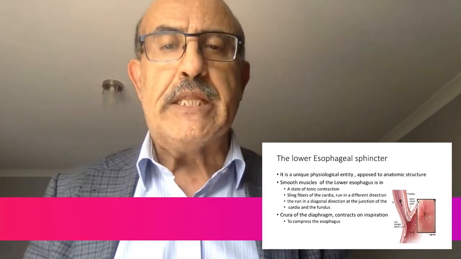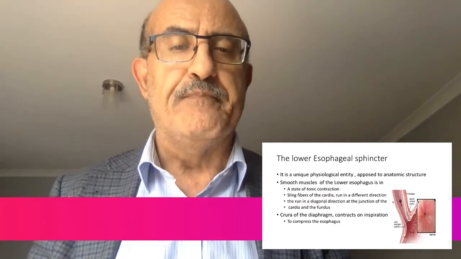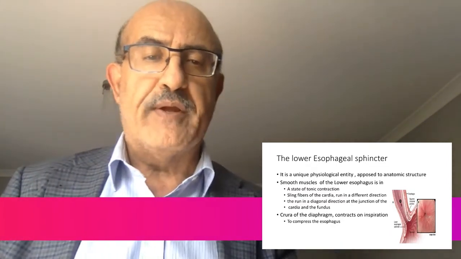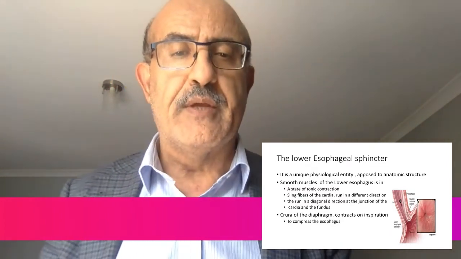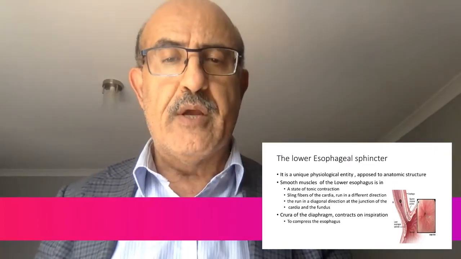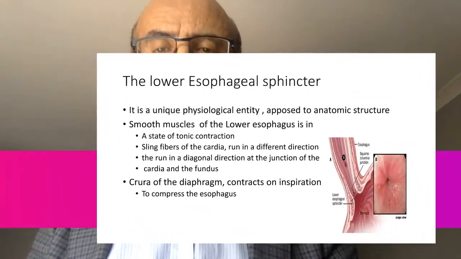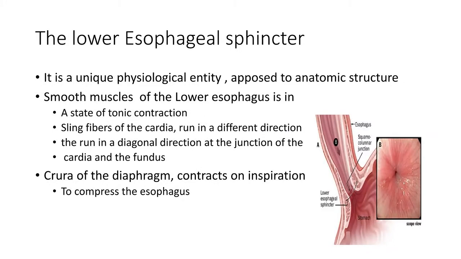The first thing that you need to learn is the sphincter mechanism that stops the acid refluxing back from the stomach to the esophagus, and that's the area that we call the lower esophageal sphincter. Now, there is no specific anatomic entity to it.